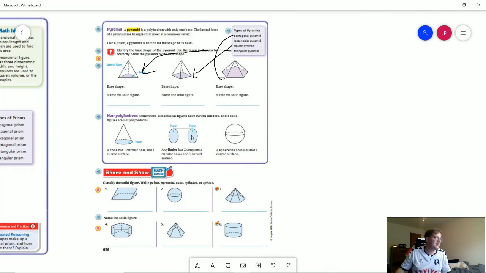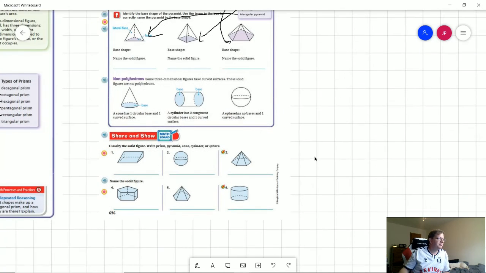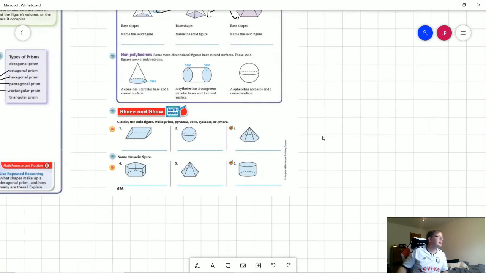Those would be examples of cylinders. And then a sphere has no bases, and one whole curved surface around the entire shape. So an example of that would be a basketball, a globe, baseball, tennis balls would also work.